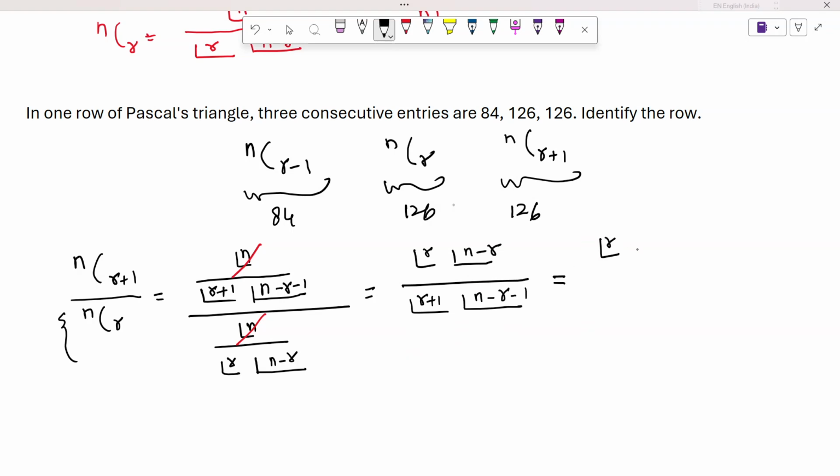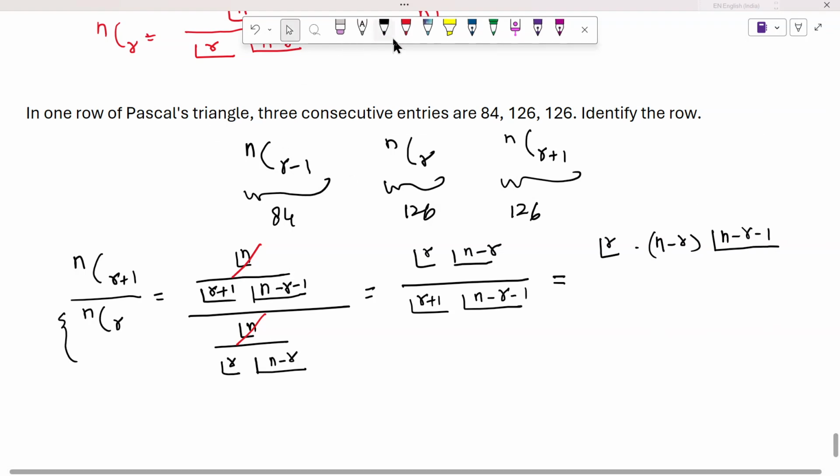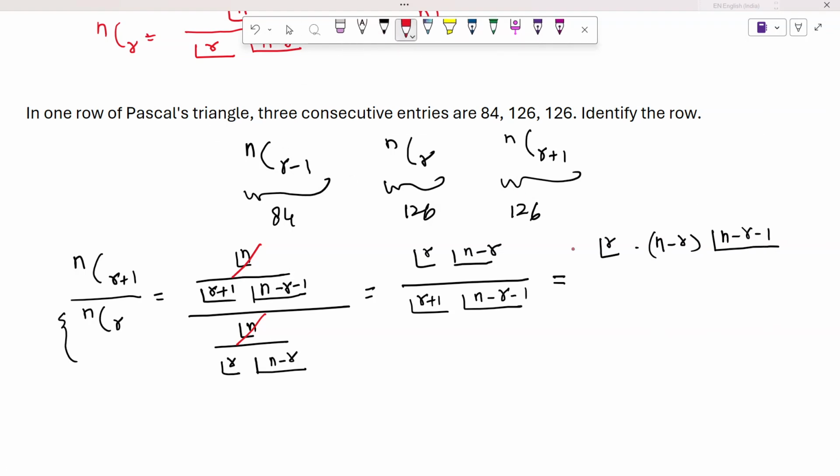So this is factorial r as such. From factorial n minus r we take out n minus r and then it is factorial n minus r minus 1, because for any positive integer p we have factorial p equal to p into factorial p minus 1.